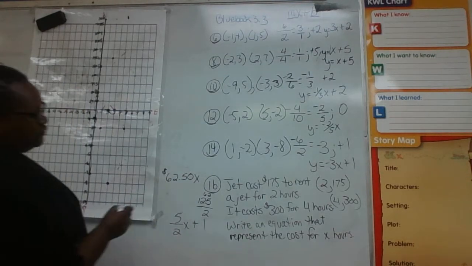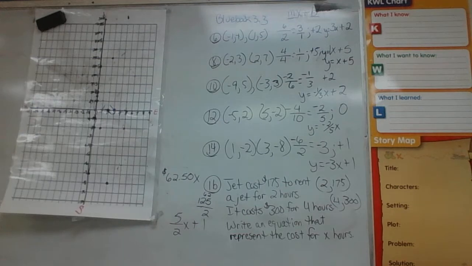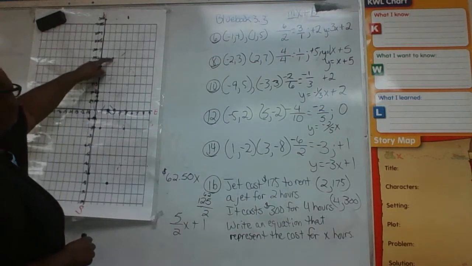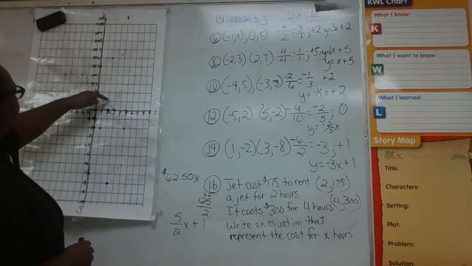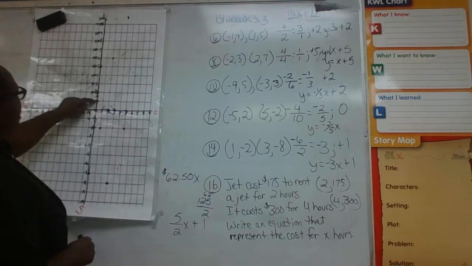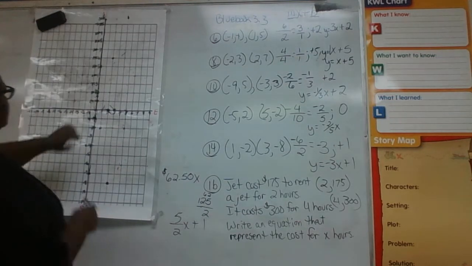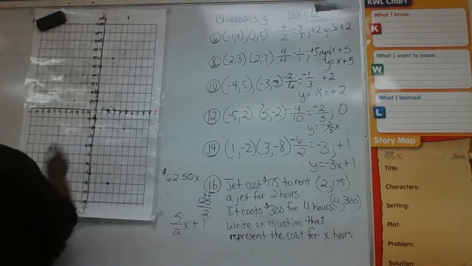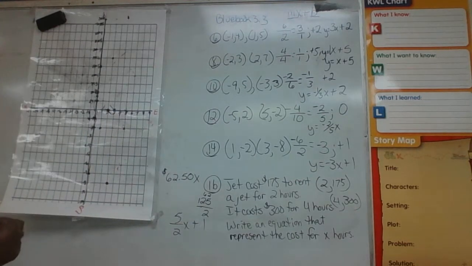And then once we have our slope, we move forward. When we went down 5, 1, 2, 3, 4, 5, and then ran 1, 2, we were at this first number here, which was not 1, because from 0 to here we were counting by 25.